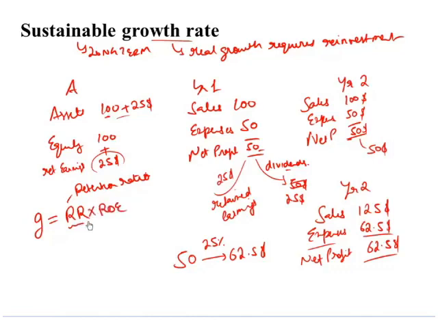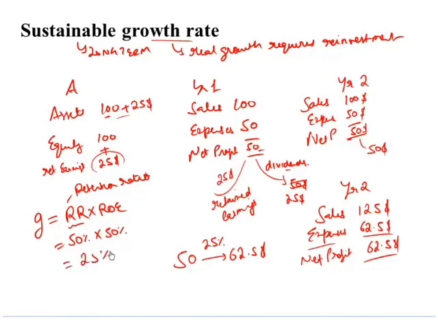In our example, the retention ratio was 50%, that is, half of the net profit was retained and reinvested in the business, and the ROE of the business, which we are assuming will be maintained, is also 50%. For an equity investment of $100, we were making a profit of 50. For an equity investment of 125, we are assuming the profit will be 62.5. So retention ratio into the sustainable ROE will be the sustainable growth in the business, in this case a number of 25%.